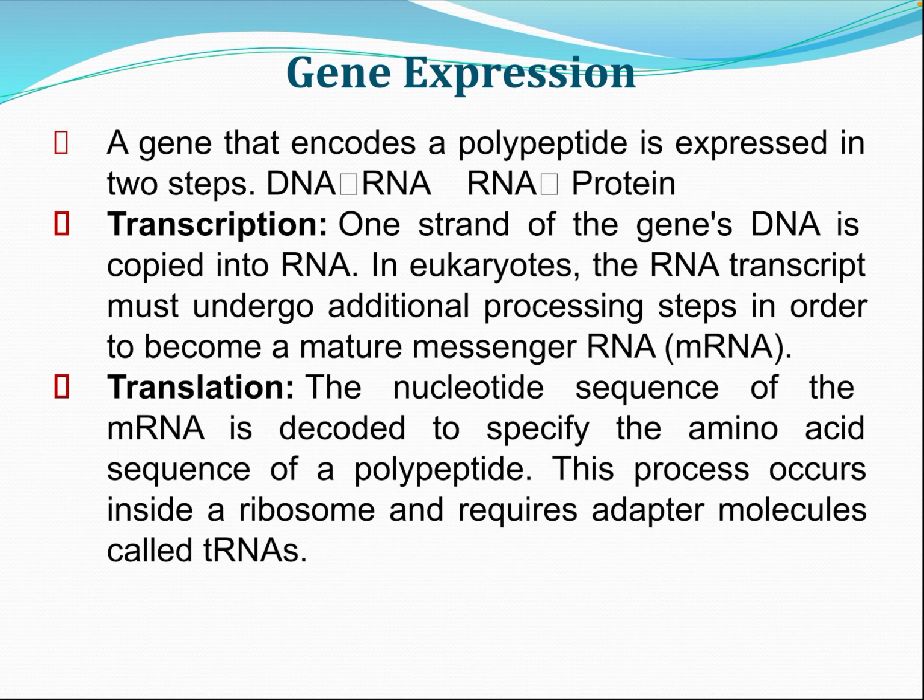Gene expression, the encoding of a polypeptide, is represented in two steps. DNA is converted into RNA, then RNA is converted into protein. DNA is converted into RNA by a process called transcription, during which one strand of the gene's DNA is copied into RNA.